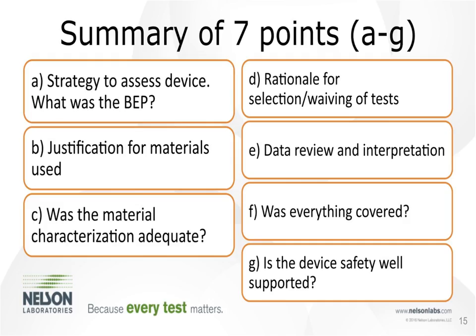So really quickly, a strategy to assess the device, justification for materials used, and was the material characterization adequate, the rationale for selection or waiving of tests, your data review and interpretation, and were there any gaps or anything left uncovered, and is the device safety well supported?